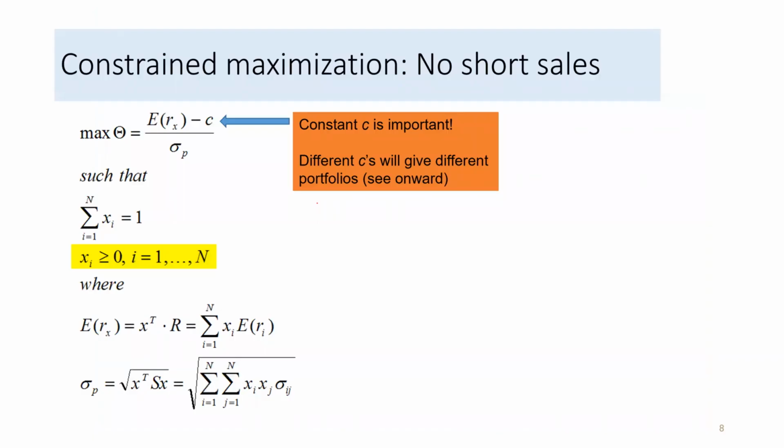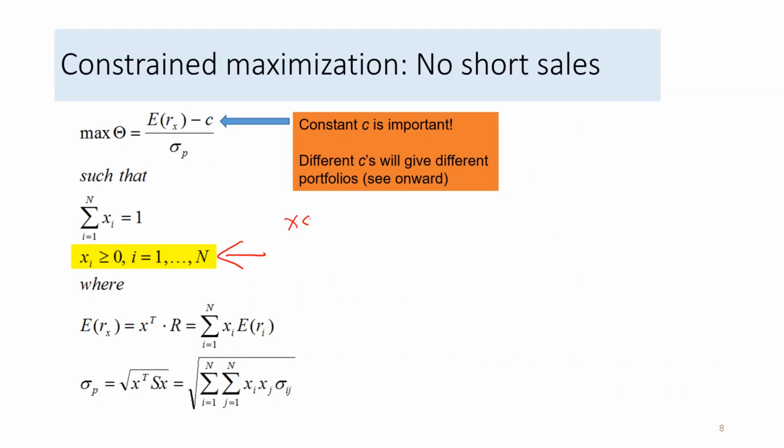Now, going to the last part of this portfolio model, we learn how to add constraints to the portfolio maximization problem. If we want to add a constraint here, restricting investors not to have any short selling activities, that means X should be greater than 0.